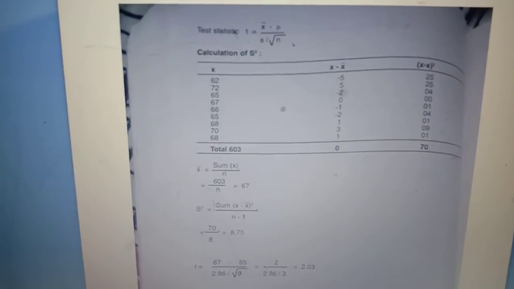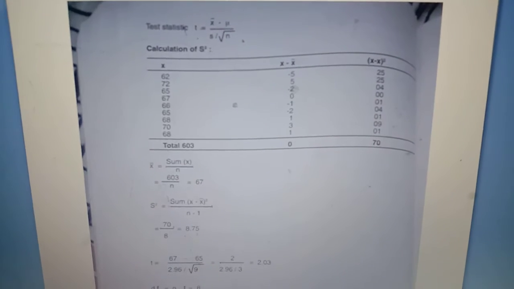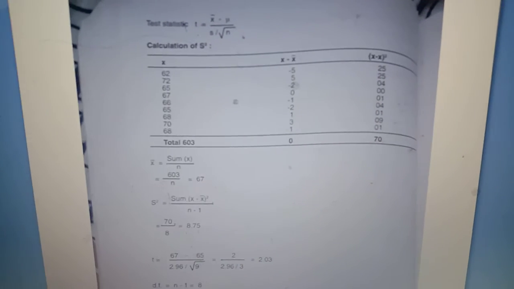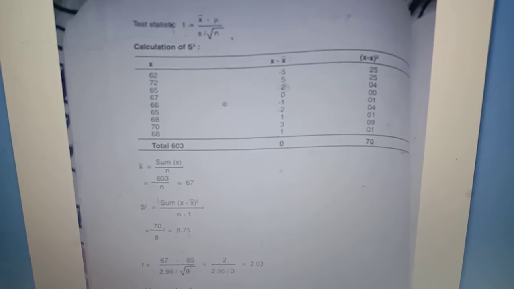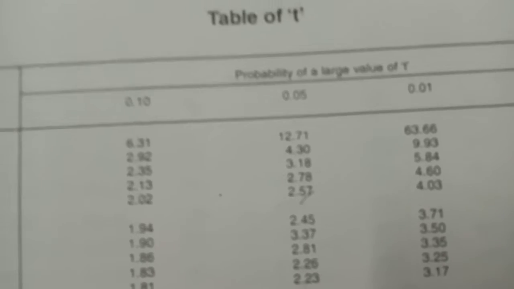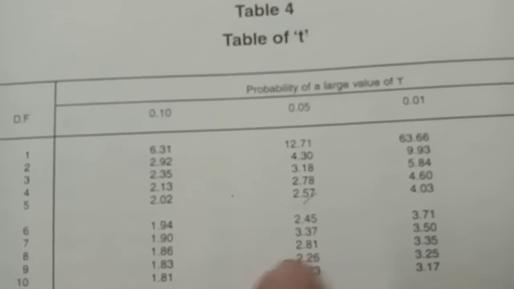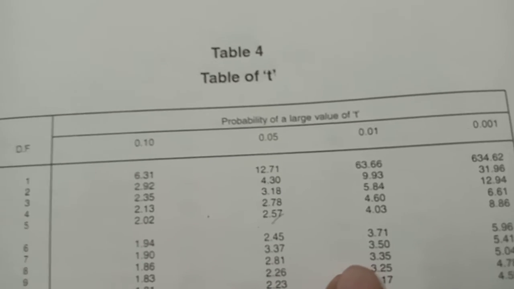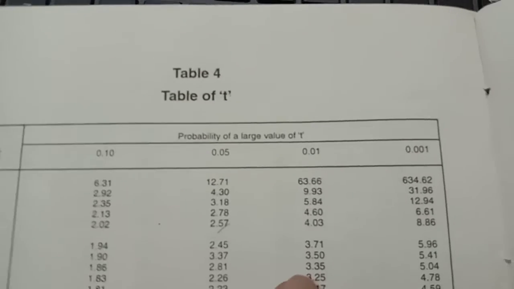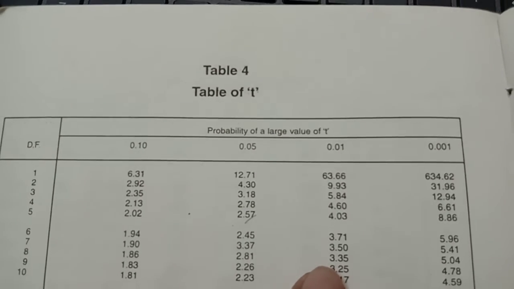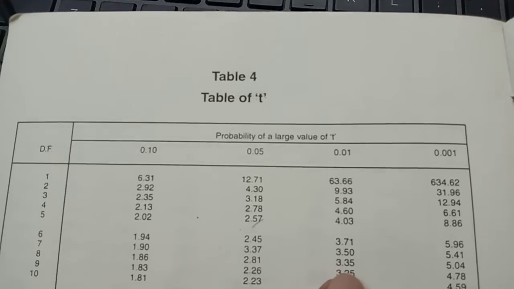But the calculated value you have taken here is 2.03. So lastly you can say 2.03 is lesser than those two values, either 2.81 or 3.35. So one can say the values reflect the fact that the null hypothesis is acceptable.